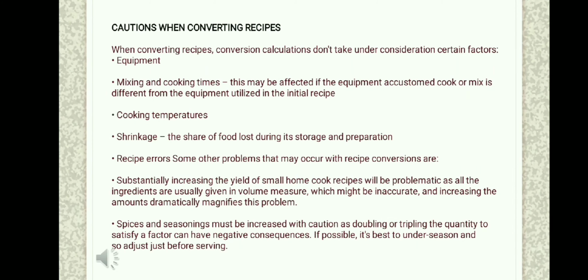When converting a recipe, conversion calculations don't take into consideration certain factors, such as equipment. The next one is mixing and cooking times. These may be affected by the equipment, which may be different from the equipment used in the initial recipe.